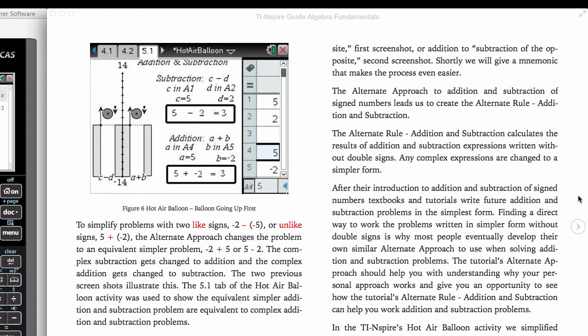The next thing we're going to look at is kind of strange. We're going to take an addition problem and change it to subtraction of the opposite. The advantage to doing this is the more complex problem then appears as the traditional subtraction problem.